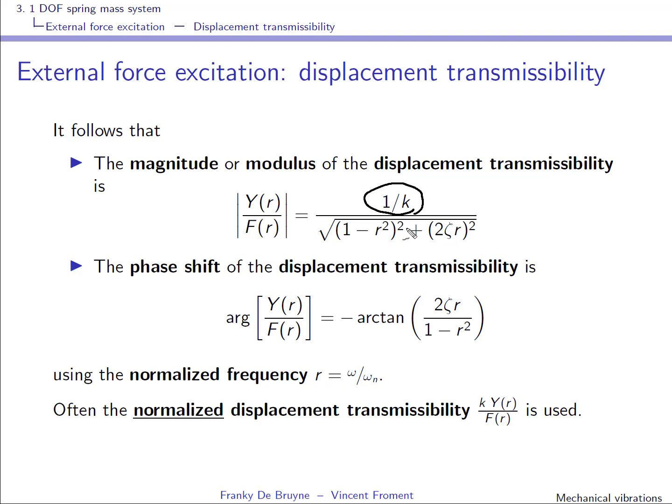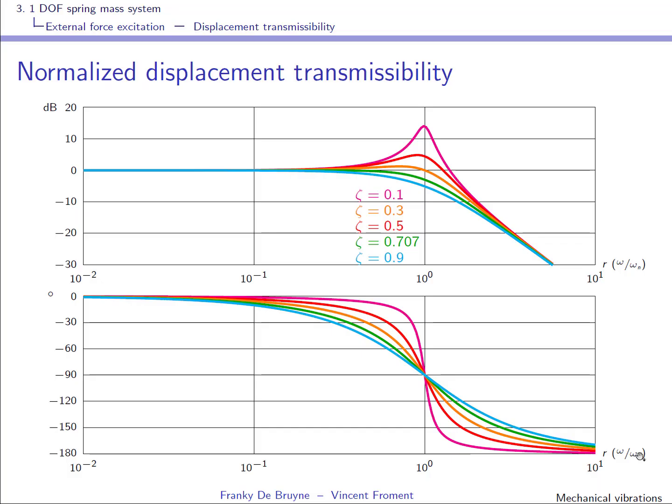And this is why very often, instead of the displacement transmissibility, we are going to use the normalized displacement transmissibility. It's the same as what I've got here, but times k, so that this one here disappears. So here we have our normalized displacement transmissibility.